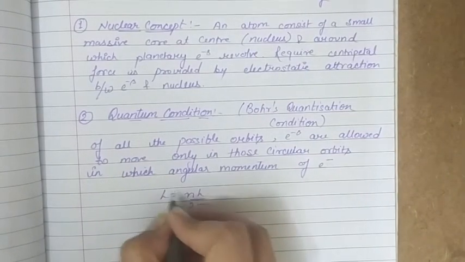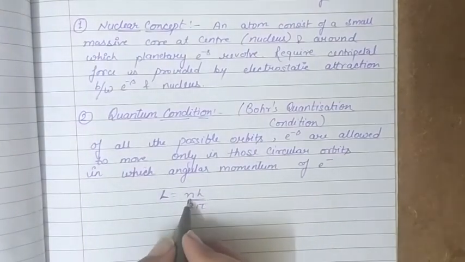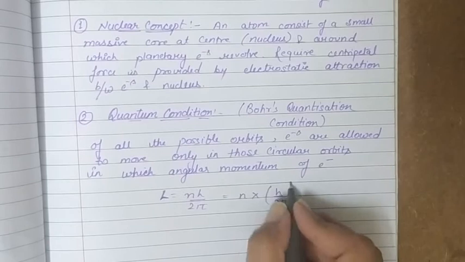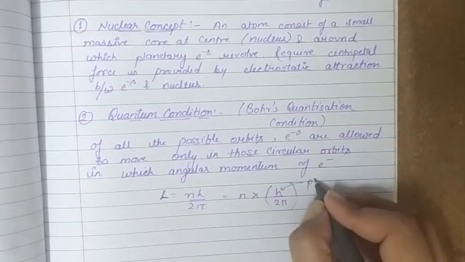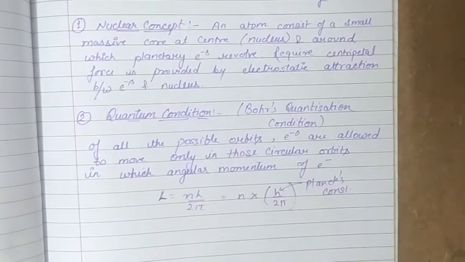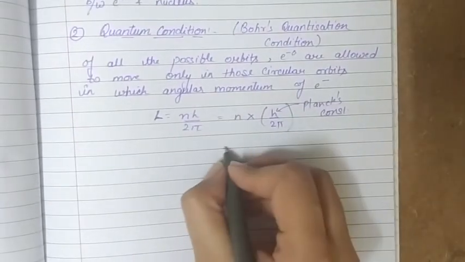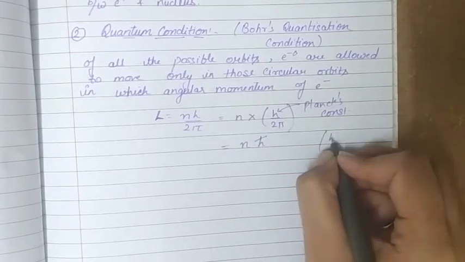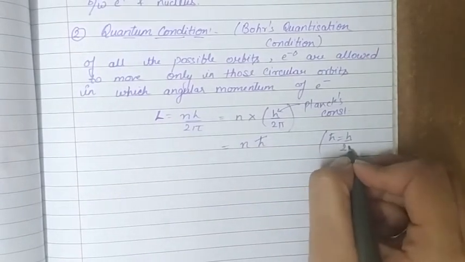That means angular momentum is an integral multiple of h upon 2 pi, where h is Planck's constant, and the factor h upon 2 pi is sometimes also written as h cross. This is h cross; the meaning of h cross is h upon 2 pi.